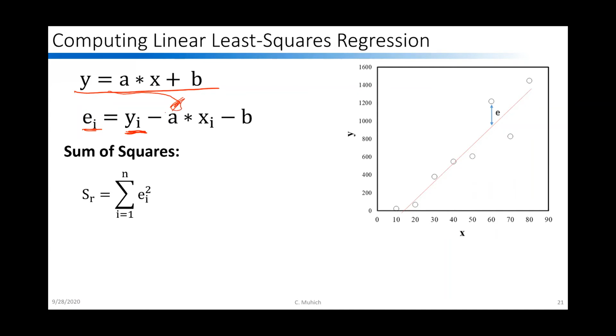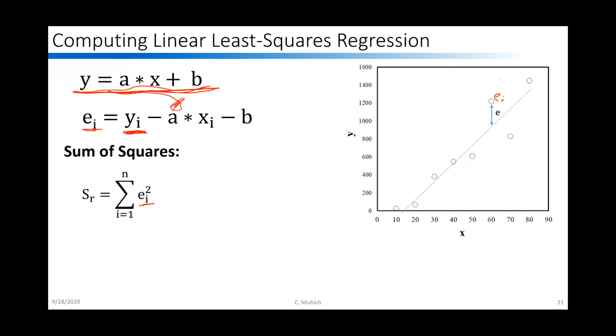All I'm doing is taking the individual data point minus the line-predicted data point. So this is our error. The sum of squares of our error is just taking the error of each data point, say e_i, squaring it, and then summing it for each individual data point.